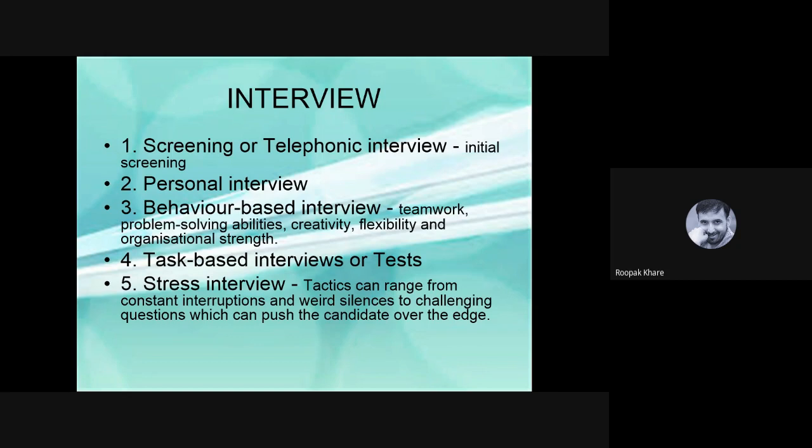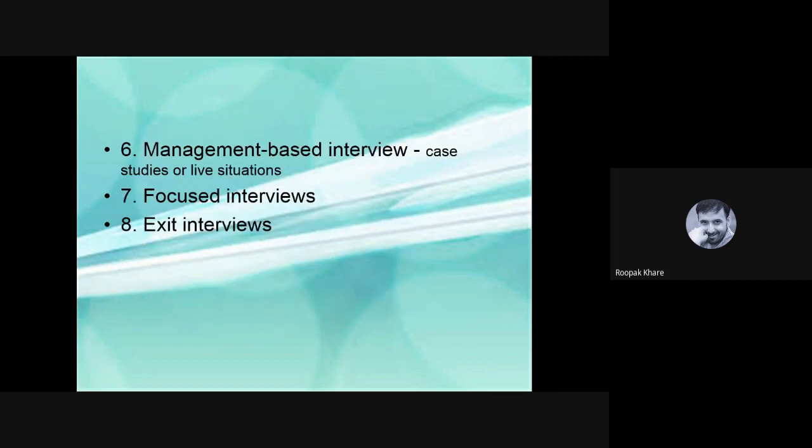All these qualities are to be checked, and hence in an interview you are given certain situations, and how you would react and respond is being asked. Task based interviews or tests, where a certain task is given and you do it then and there in the interview. Stress interview, where a lot of tough or tricky situations you're put into, and you are observed on how you tackle those situations. So, various types of interviews.